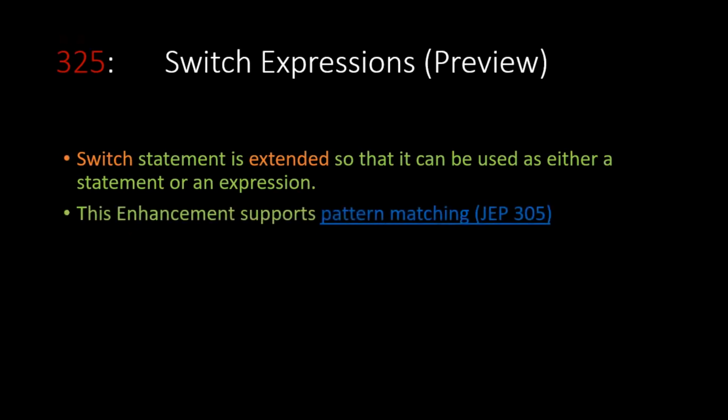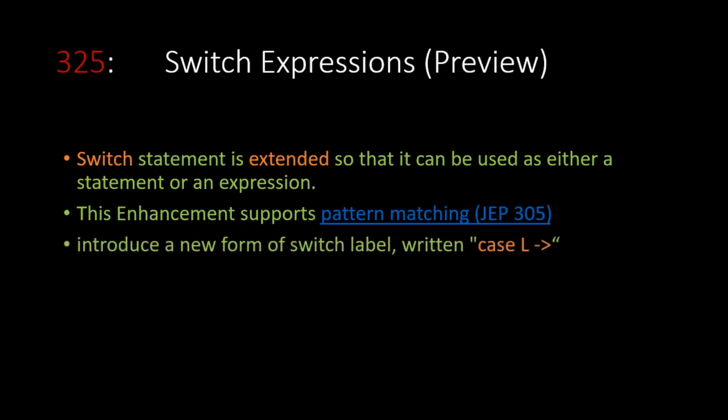This enhancement will support pattern matching, which comes as part of Java Enhancement Proposal 305. This release will have a new form of switch label, which is written as case label followed by the arrow symbol.